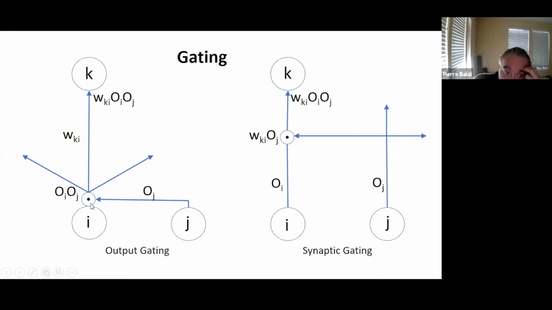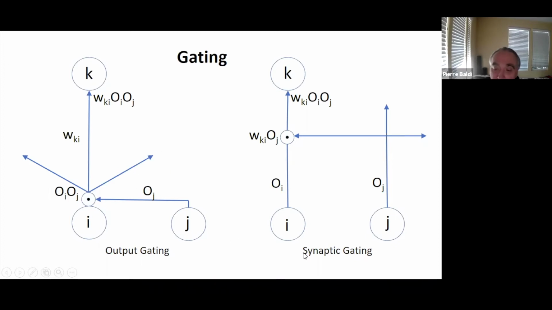So that effectively neuron I now is producing OI times OJ as its output, and it's broadcasting it along all its outgoing connections, so that a neuron K downstream receives from this neuron I an input that looks like this. So there you see the quadratic expression begins to appear. So that's one form of gating, and that's the one that we're going to use.